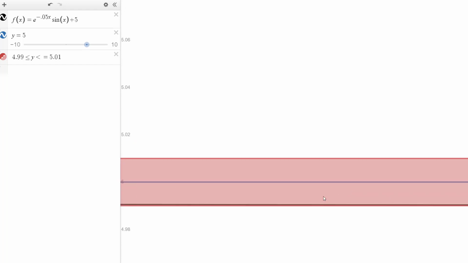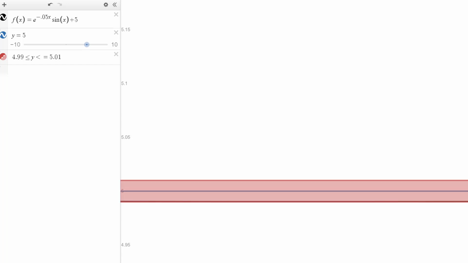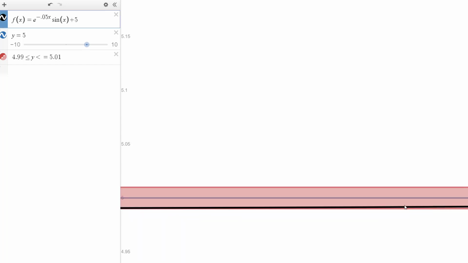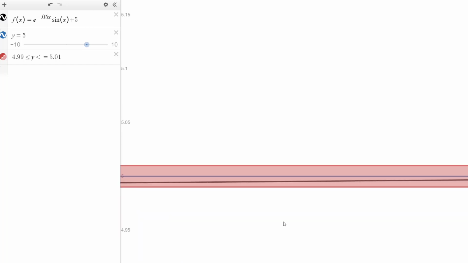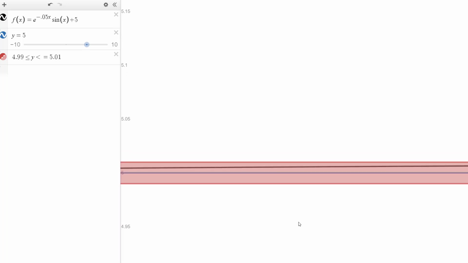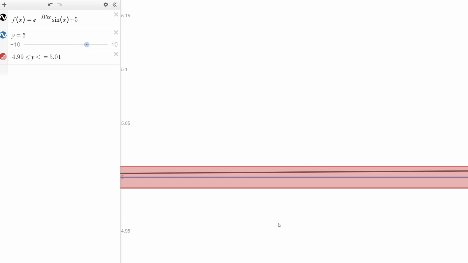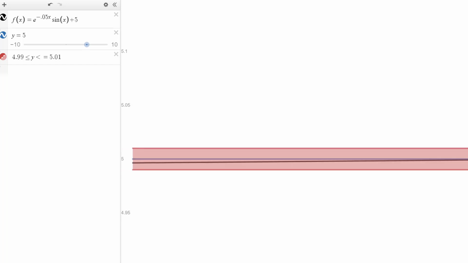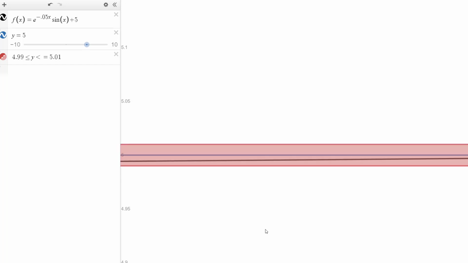And if I zoom out and drag to the right, you will hopefully see, yep, there it is, it's climbing up. And it'll just bounce in between because it's now within the epsilon neighborhood forever and ever. So we have found an x value, or a time point, where this function will now wiggle within this epsilon neighborhood.